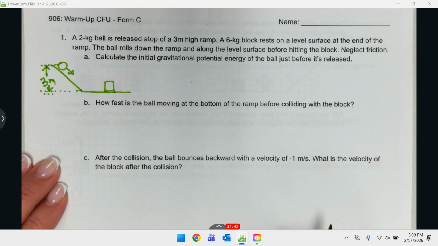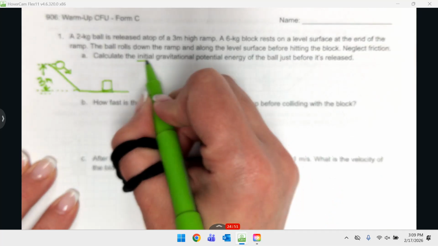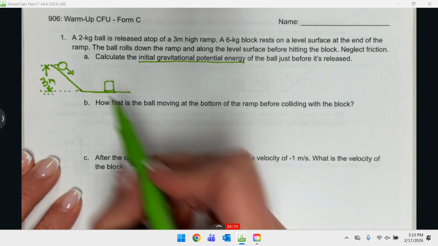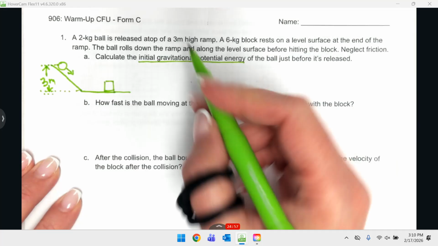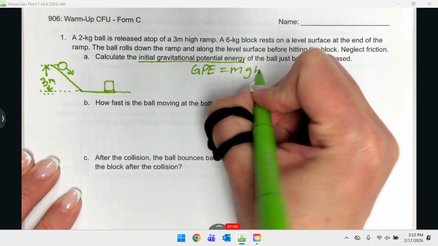Okay, so the first part of this particular problem starts with energy being converted from one form to the other. We're going to start by calculating the initial gravitational potential energy of the ball before it's released. The GPE equation is pretty straightforward: mgh, that's it.